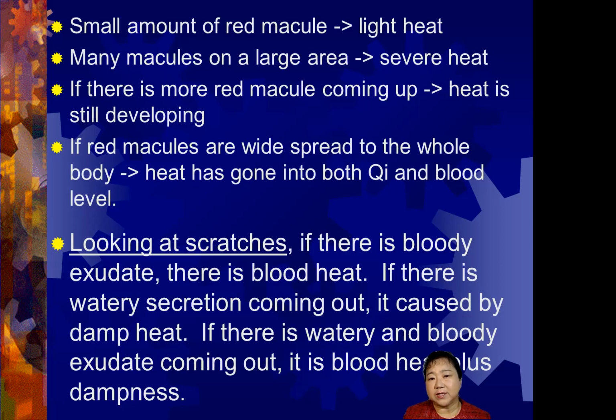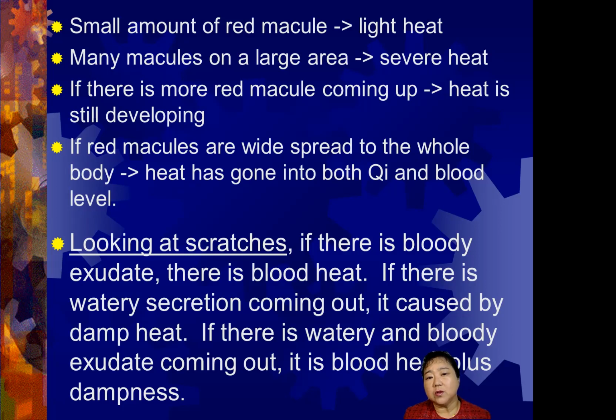Now look at the exudate. Very often skin lesions don't only have one appearance. Sometimes they have exudate, sometimes scales. So next we look at the exudate. If there's bloody exudate, there's blood heat.